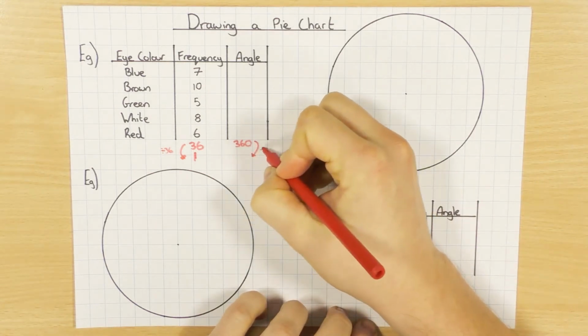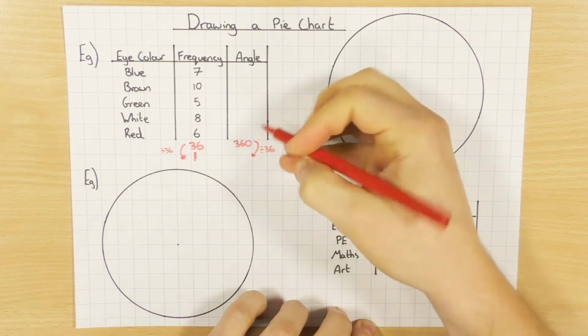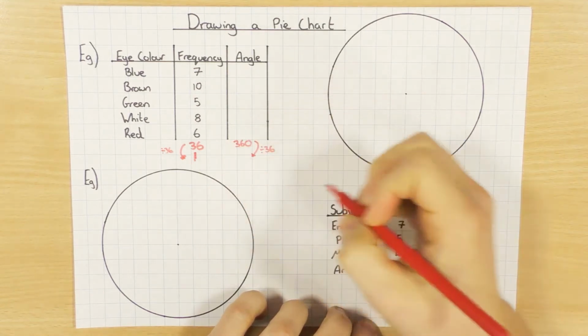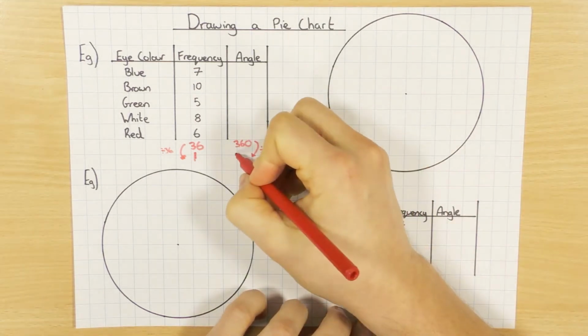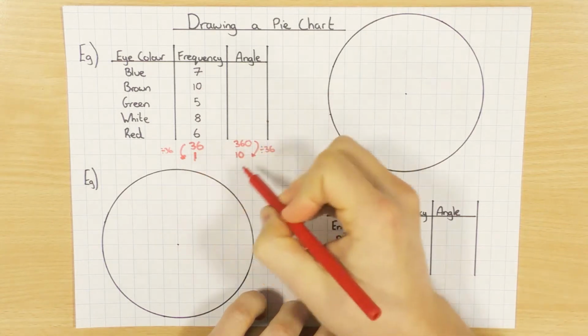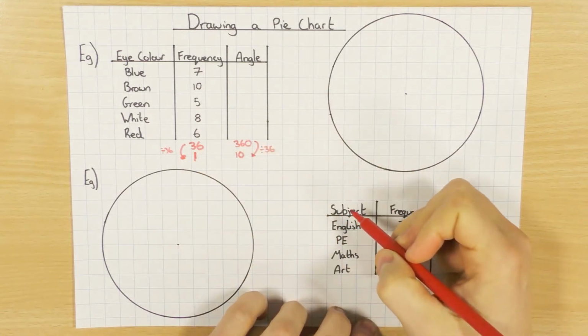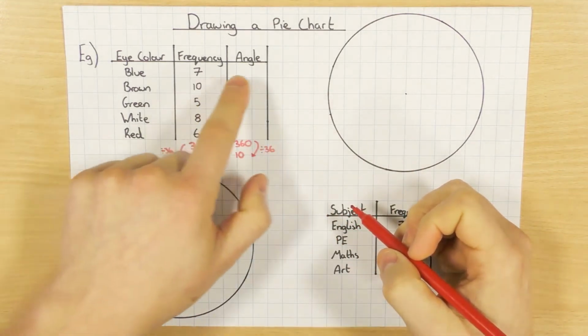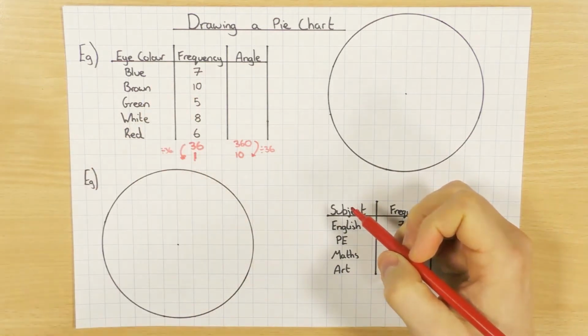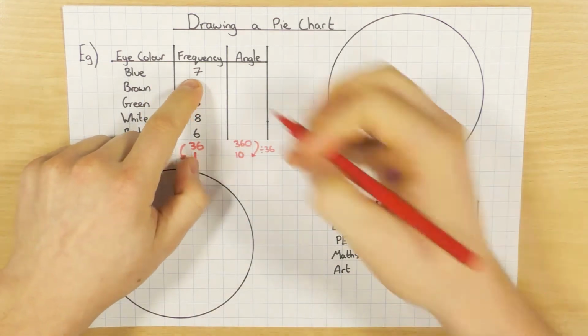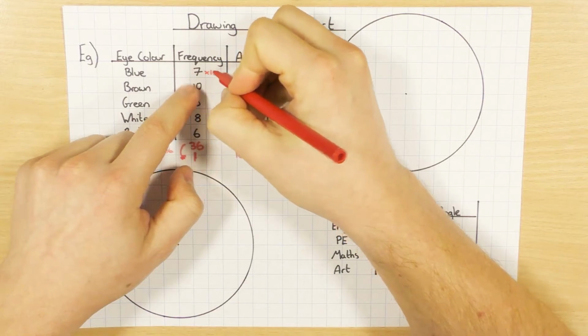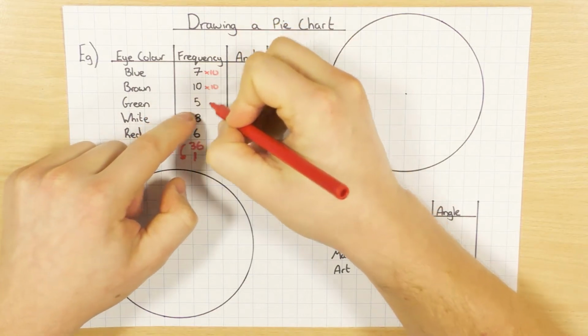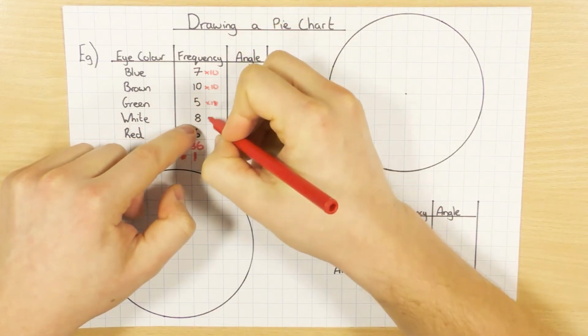36 divided by 36 gets me 1. So I do the same thing here. 360 divided by 36, which is going to give us 10. So one person is equal to 10 degrees. So because I know that, I can then work out the angle for each of these. So I've got 7 people, so I just do 7 times 10. 10 people, obviously times by 10. 5 people times by 10.